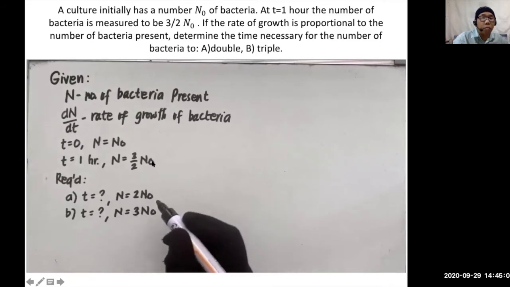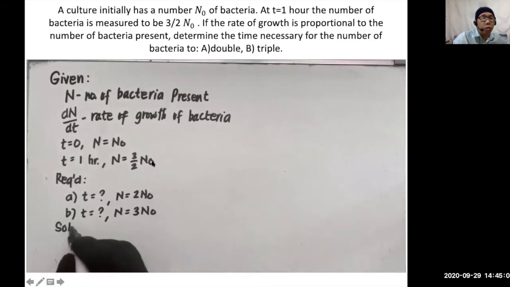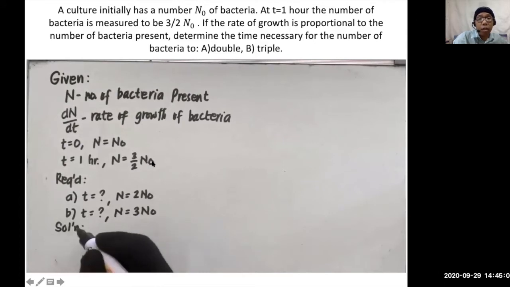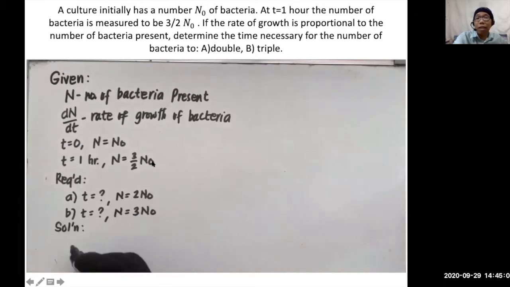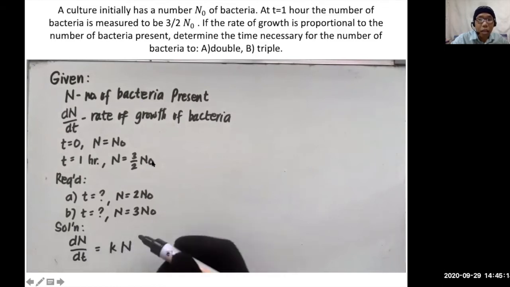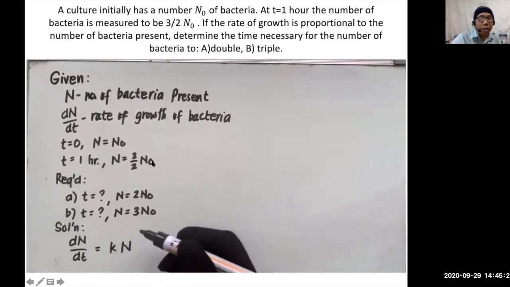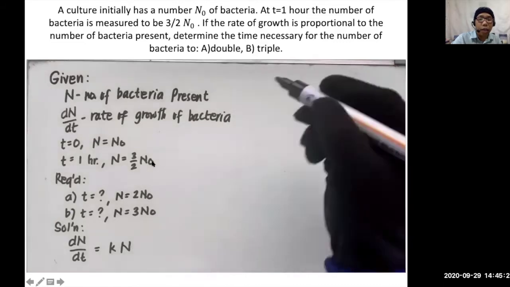Now for our solution, we start with what is being stated in the problem. It says that the rate of growth is proportional, so that's k, to the number of bacteria present. So dN over dt equals kN.